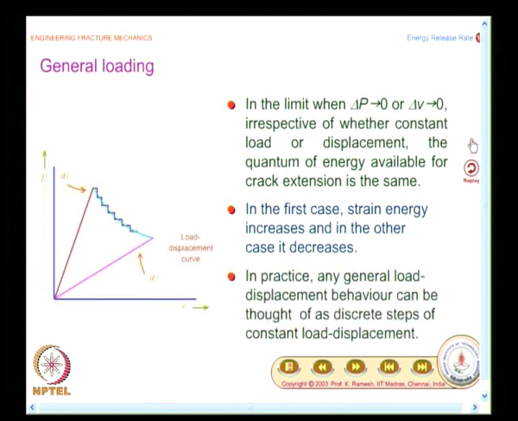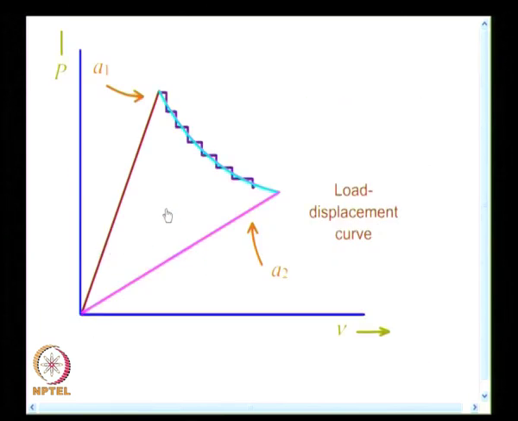In practice, any general load displacement behavior can be thought of as discrete steps of constant load and displacement. So, that is what is shown here. Maybe I could magnify it and then show. So, what I have is the load and displacement may vary in a generic fashion like this. This could be thought of as steps of constant load, constant displacement, constant load, constant displacement and so on and so forth.